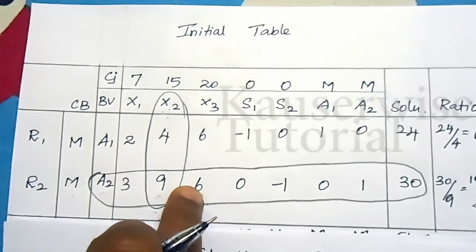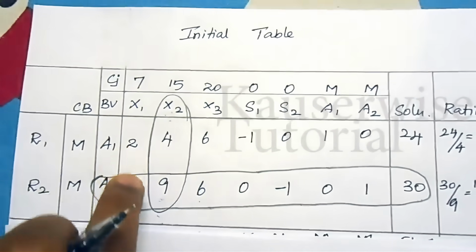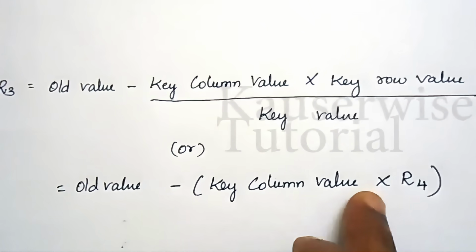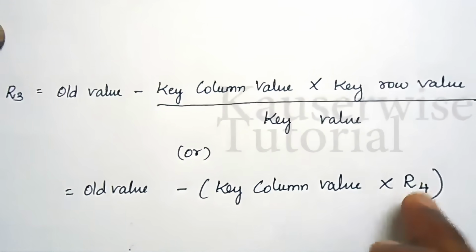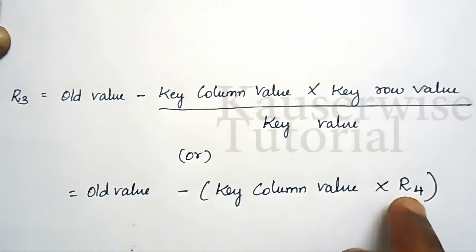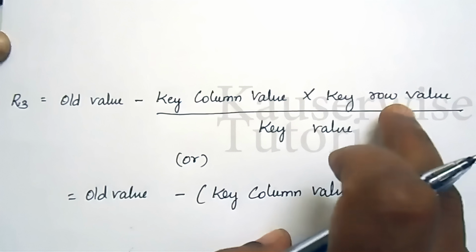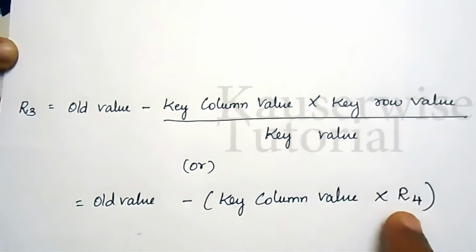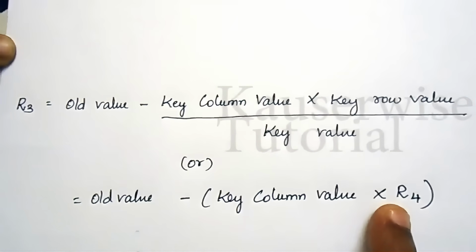This is the formula to find the new value. Instead, you can use: old value minus key column value into row 4 value, which we have already applied in the previous step, since key row value divided by key value denotes R4. So you can simply take the R4 value.